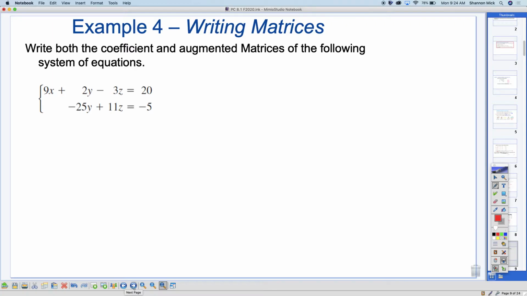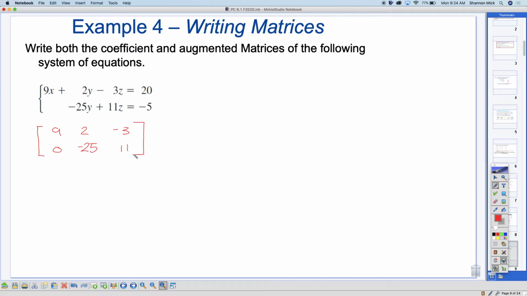Okay, so write both the coefficient and augmented matrix for the following system. So matrices have brackets on both sides, yes? I like to go columns, but that's my choice. You can go rows, it doesn't matter. I will tell you that you need to make sure you are giving yourself plenty of room between your numbers.